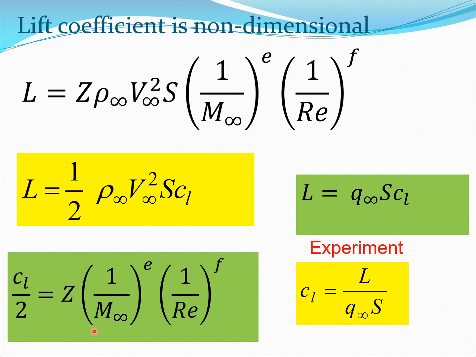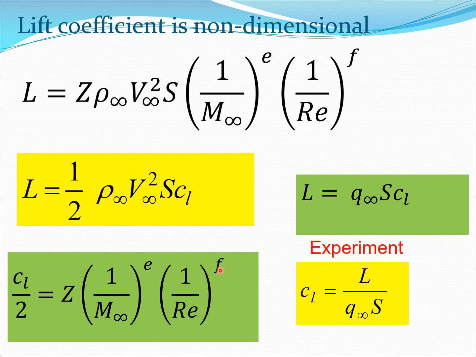And if you take a good look, you can clearly see this is non-dimensional, because Mach number and Reynolds number were both non-dimensional. And we also had assumed Z is non-dimensional, and of course E and F are non-dimensional numbers. So this is the value of C_L here. Now from this equation we cannot just calculate C_L, because first of all we do not know what is Z, we do not know what is E and F and so on.